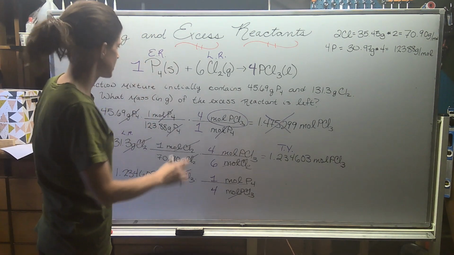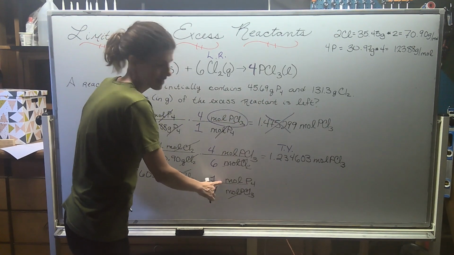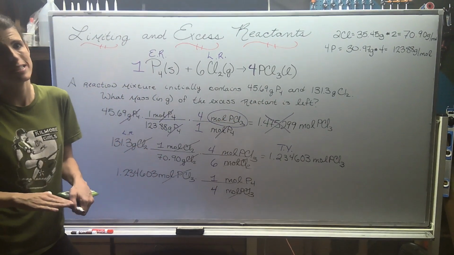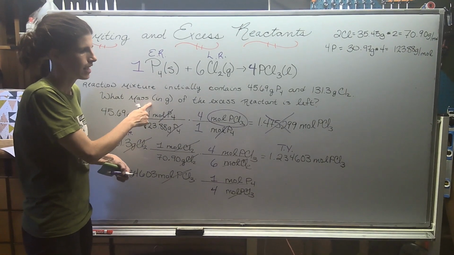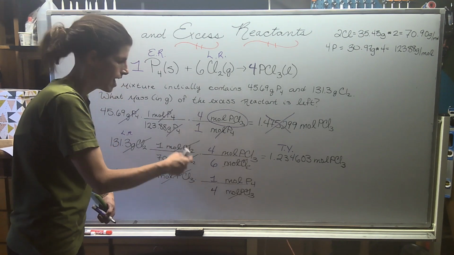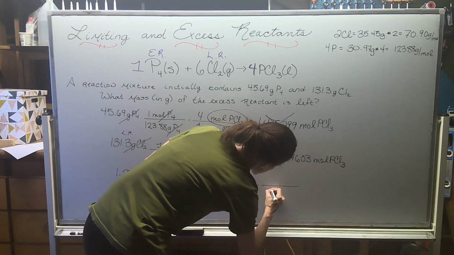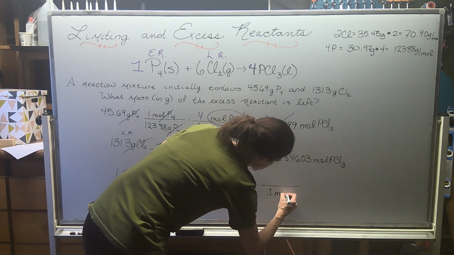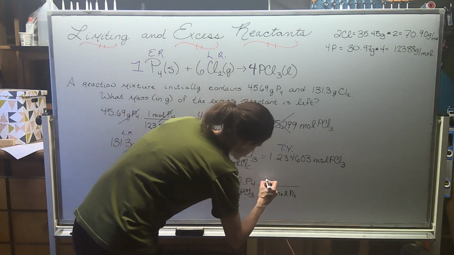However, I can't subtract grams of P4 that I had initially minus moles. The units have to match exactly in order to subtract. They want the mass in grams anyways. So let me take this problem one step further and get these moles of P4. I'm going to use 1 because I'm going to get it into grams using my molar mass.